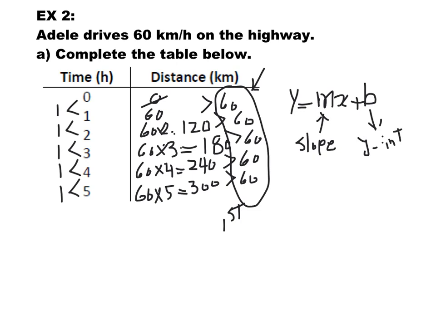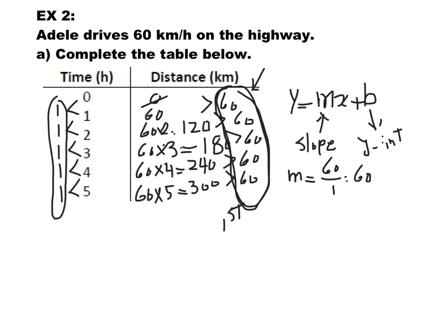Now the slope is the second differences divided by the first differences in x. So in our case, the slope m is 60 divided by 1, which is 60.